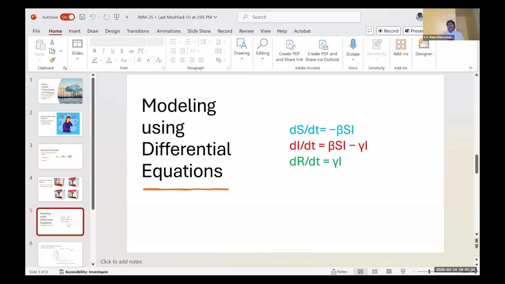They may be far away. It's not because somebody told them, but because it's human behavior. You are trying to be far away from the next person without knowing whether that person is infected or not. So you are doing social distancing all by yourself. So that means that beta cannot be a constant. Beta should be something different. So how do we change that?